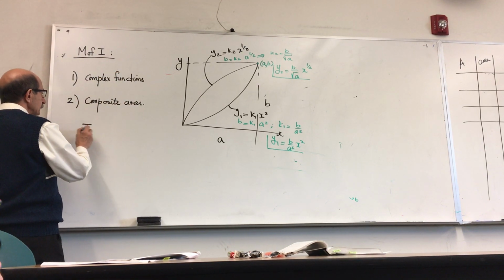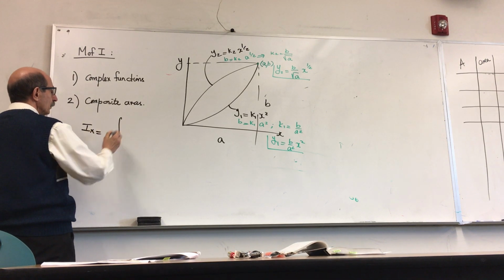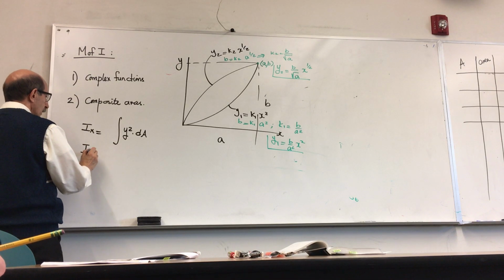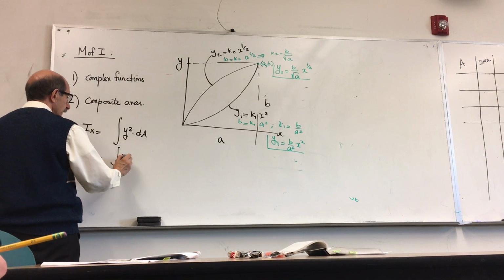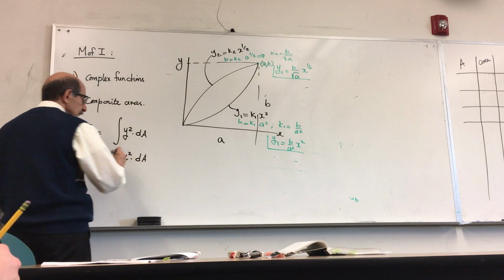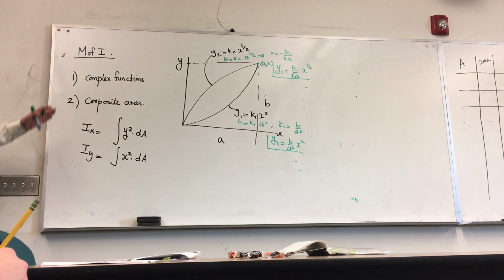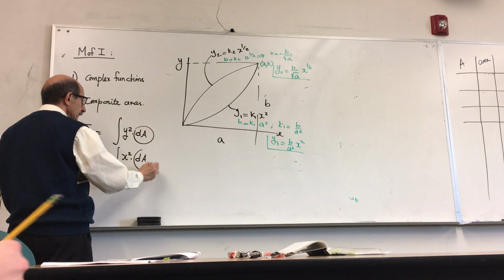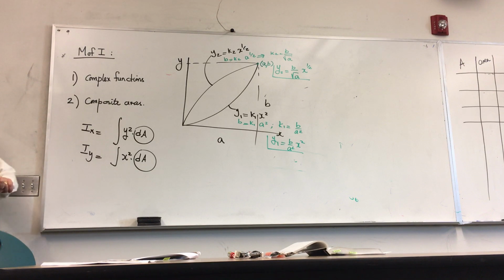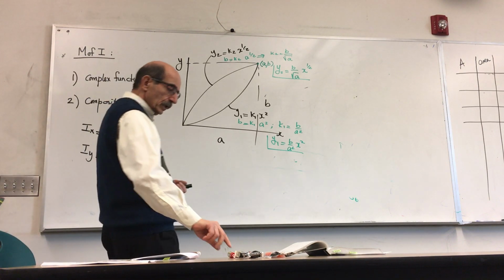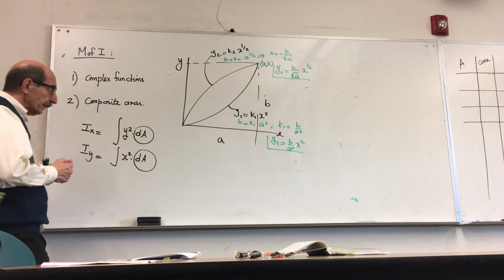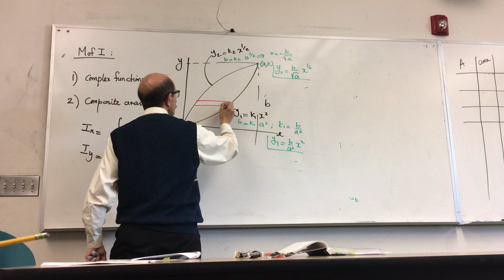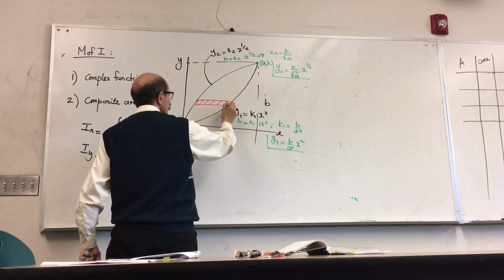Remember that Ix is the integral of y squared dA, and Iy is the integral of x squared dA. So the only thing you really need to do in this case is to set up the right differential area dA in each case. And as I said, for I of x, you consider a differential area whose sides are parallel to the x-axis.